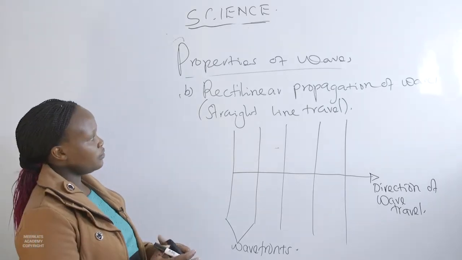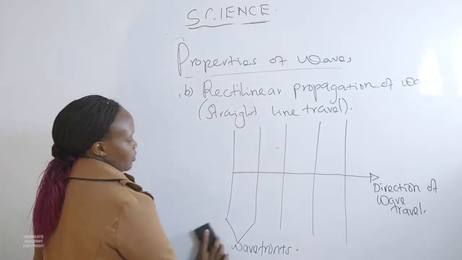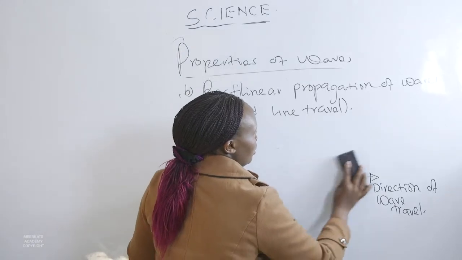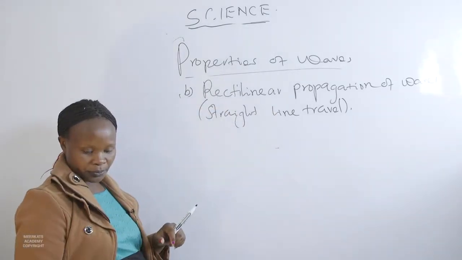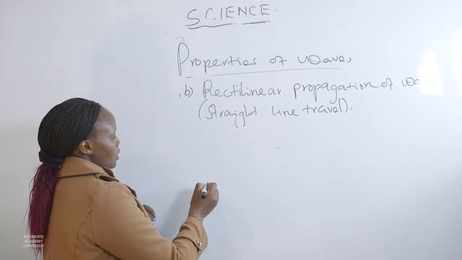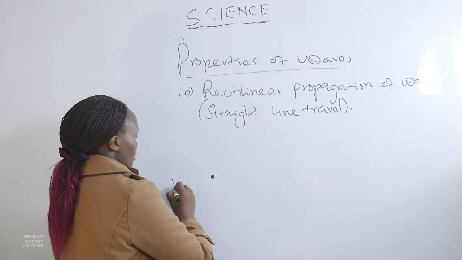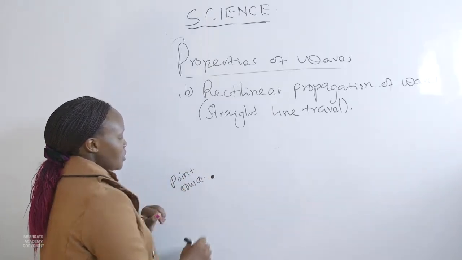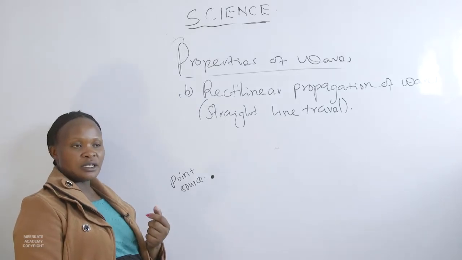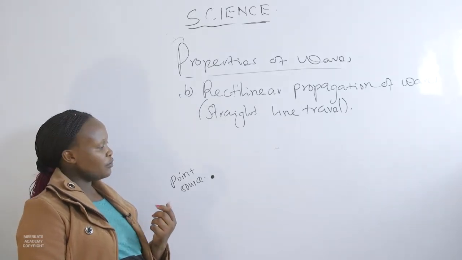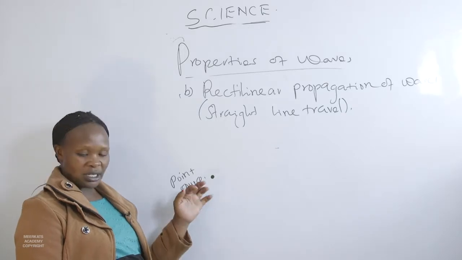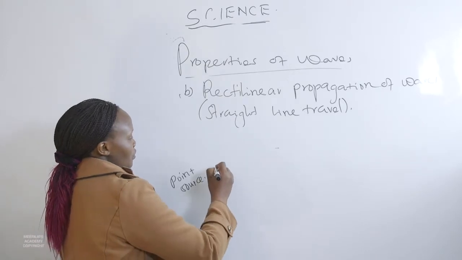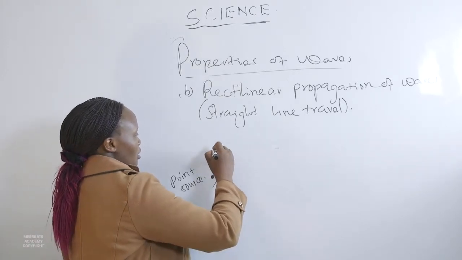Now, how about if we considered a case of a wave train with circular wave fronts, say from a point source of waves? We said that a wave is actually transmission of disturbance. So if you disturbed a point source, your wave fronts are going to look like this.